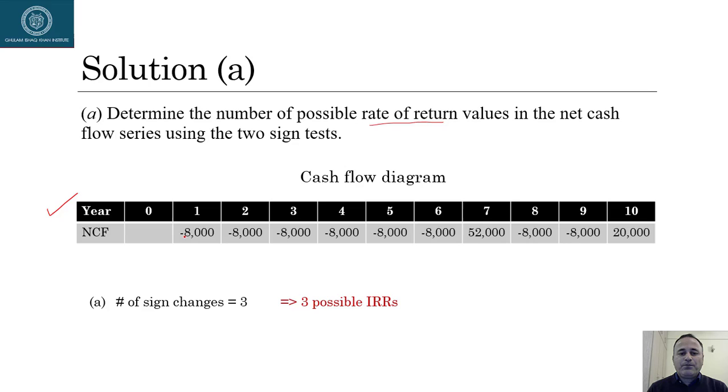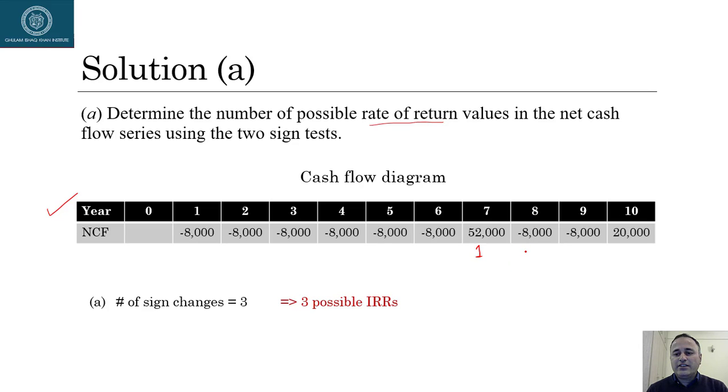If you see, the cash flow started negatively. The reason it's a negative cash flow is that this money is going out of Samara's pocket because she is buying stocks of her company. So it started negatively. The first sign change, as you can see, is here in year number 7.